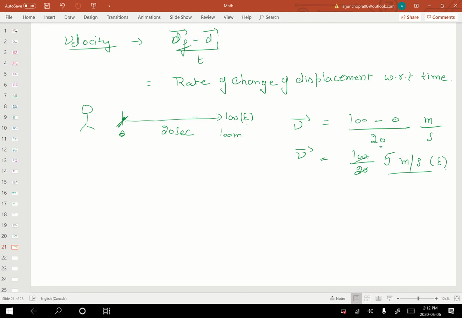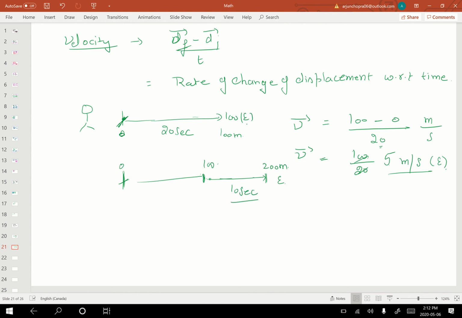Now I'm going to change it a little bit. Let's say this is the origin point, and he is at a distance of 100 meters from the origin point, and then he moves 200 meters in the east direction, and this journey he covers in 10 seconds.